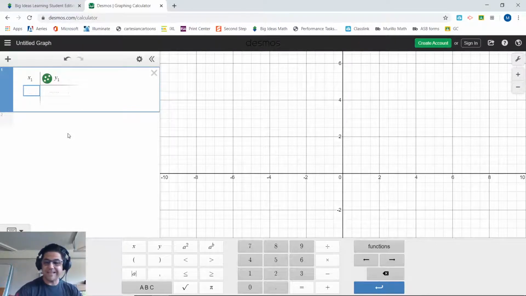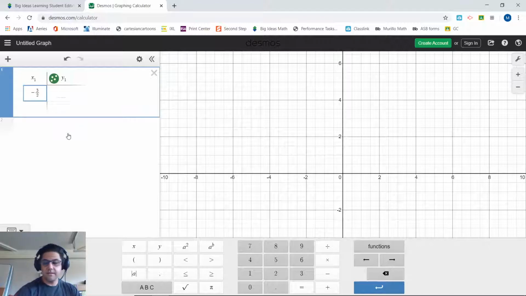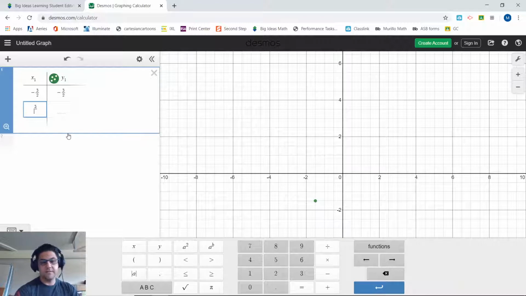Number 14, remember the order is x then y. So number 14, it's negative 3 halves, and my y is negative 3 halves. Just that slash for the fraction line sets it up there. All right, the next one is positive 3 halves and positive 3 halves.